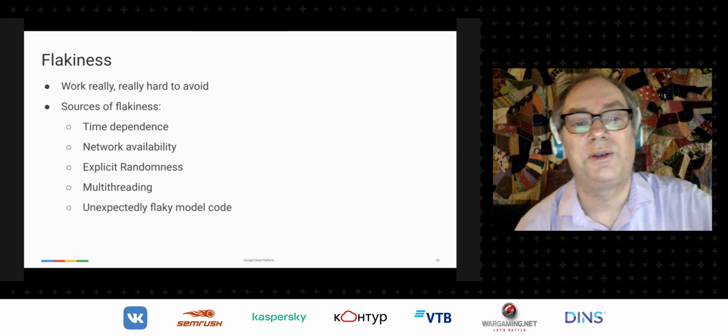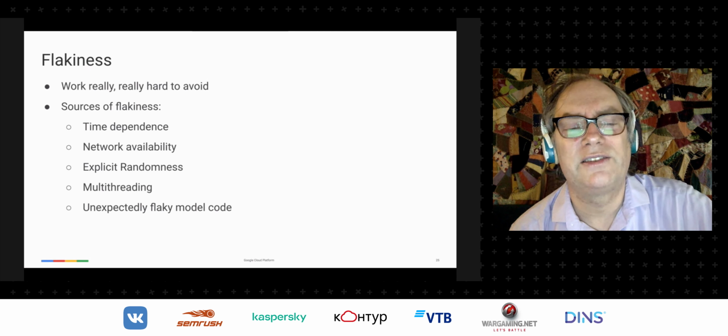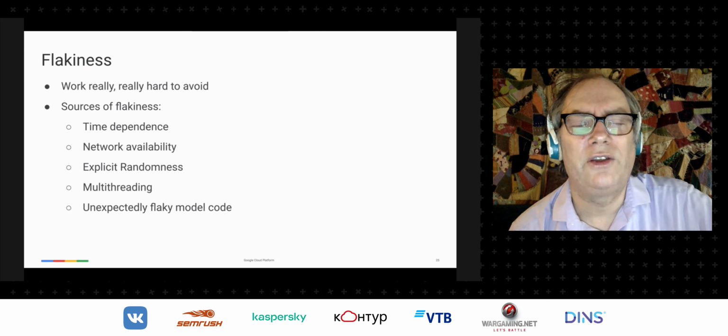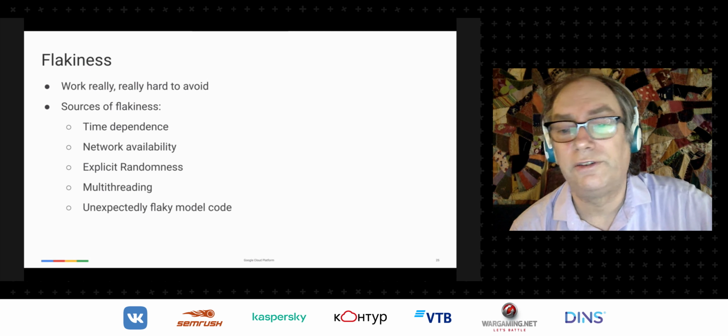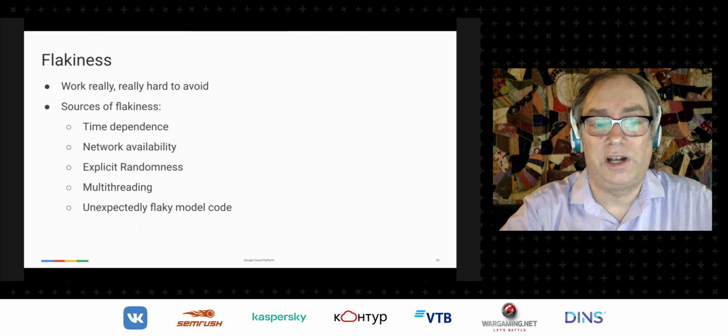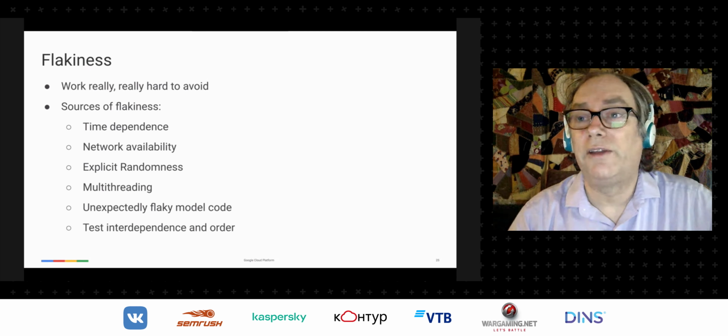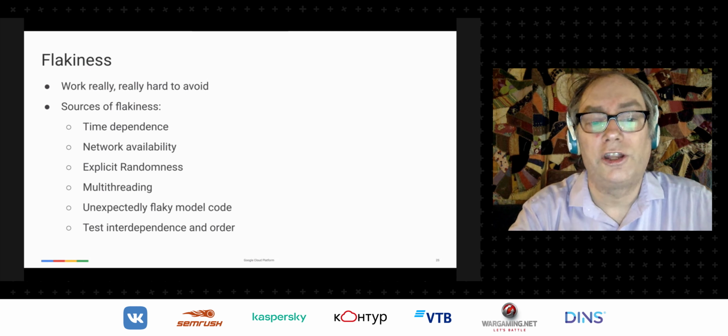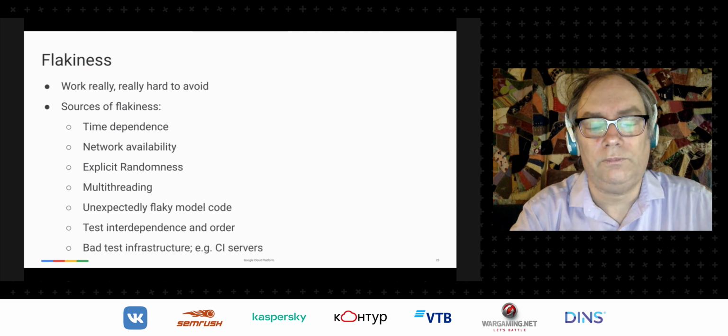Model code can sometimes be flaky. This is where things get tricky. You might have a method that sometimes returns one value for a certain input and sometimes returns a different value depending on external conditions like time. So that's something to watch out for. If tests are interdependent, if they depend on the order in which you run them.